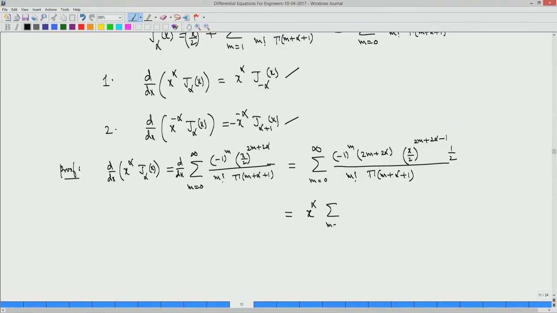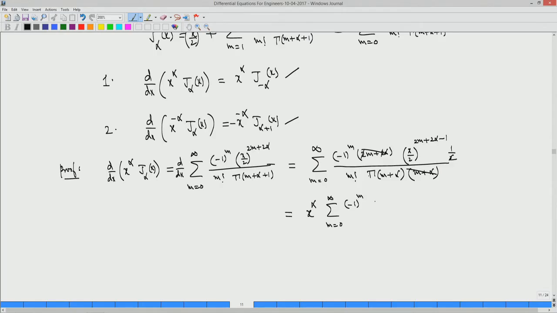So, what you have is the sum over m from 0 to infinity of minus 1 power m, plus alpha. This 2 goes here. So, you have m plus 1, and gamma of m plus alpha plus 1 you can write as m plus alpha into gamma of m plus alpha. So, this you can cancel.